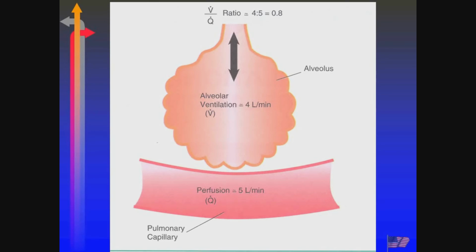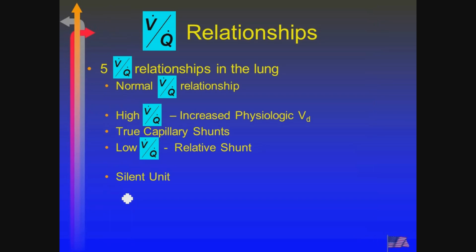Overall alveolar minute ventilation. There are really 5 different relationships that can exist, although the last one is one that clinically you never see. There's obviously the normal relationship, and a situation where you have a high VQ, something greater than 1.0.